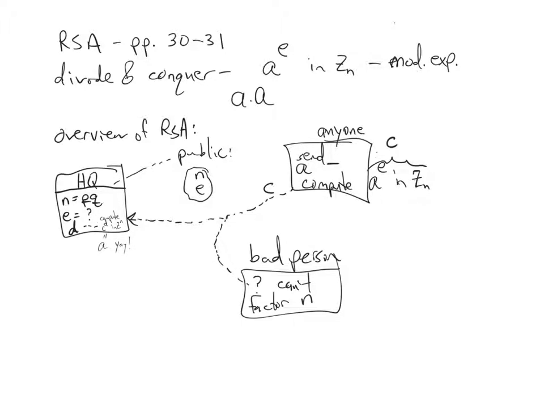So I'm going to start a new page, I hope. Apparently the recording is continuing, so now we're going to look at Z sub n and make sure everyone knows what that looks like.